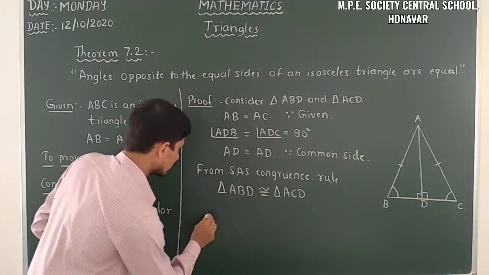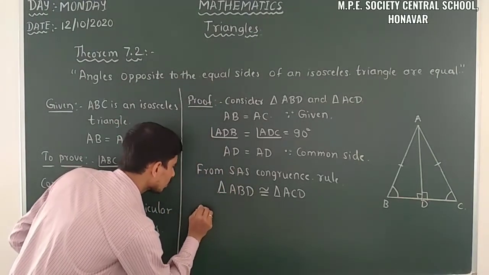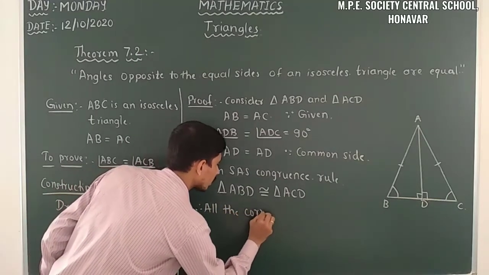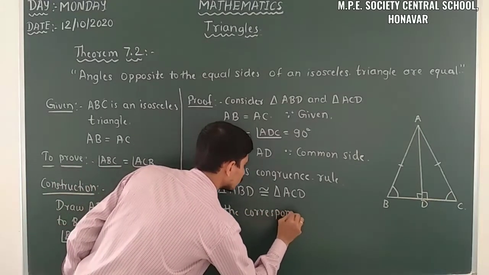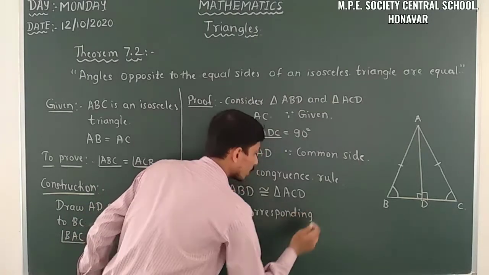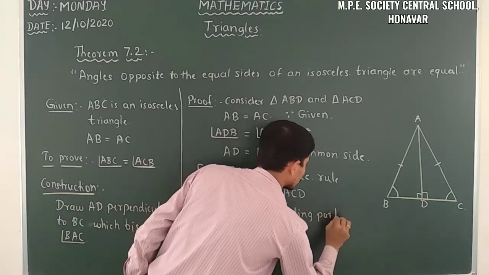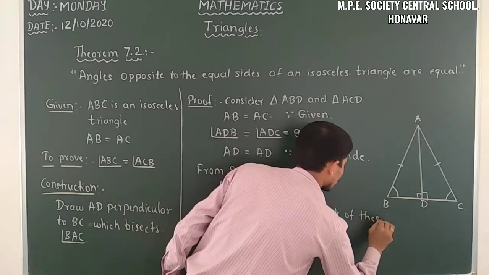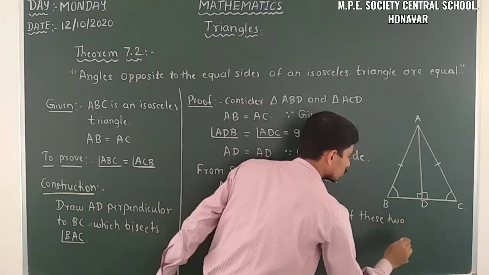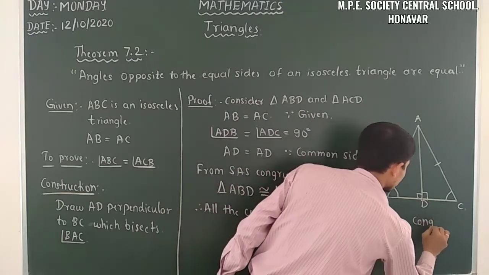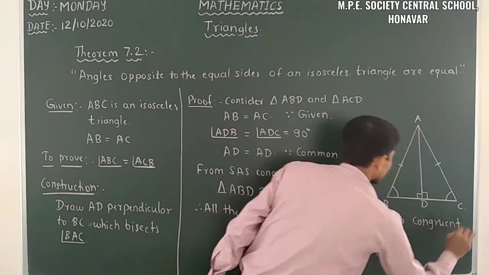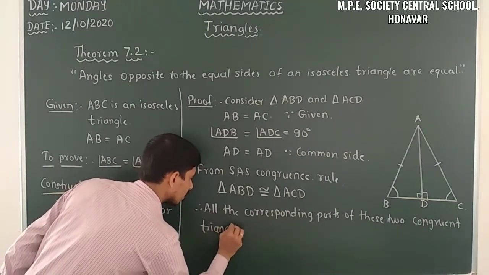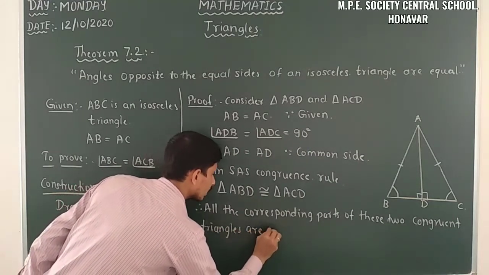Therefore, all the corresponding parts of these two congruent triangles are equal.